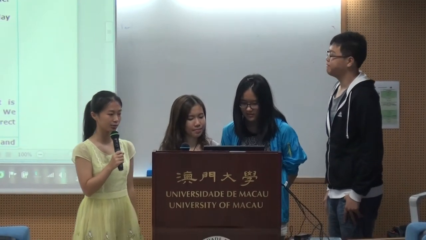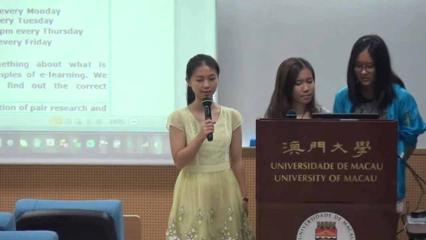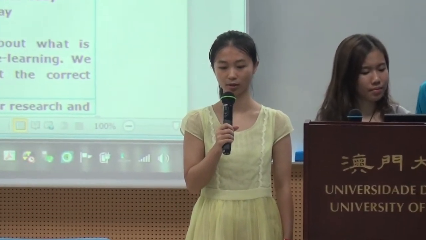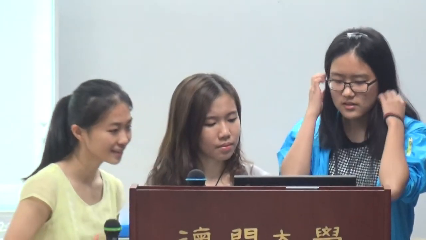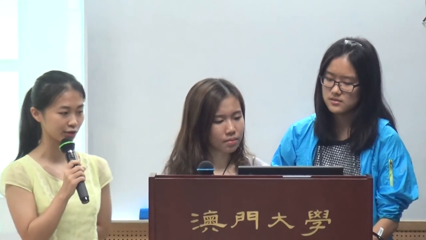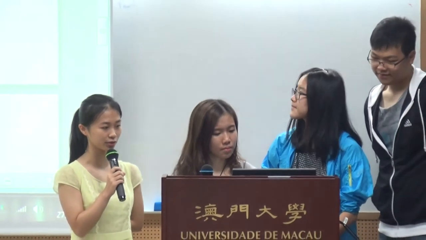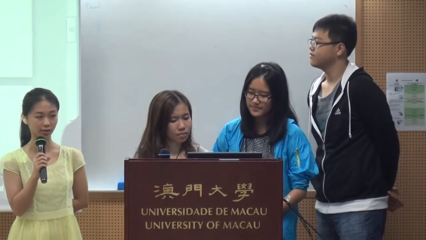Ivy and I choose the topic, what is e-learning, as our Learning Control 3 pair topic. First, we search some links and videos about what is e-learning and some examples of e-learning.